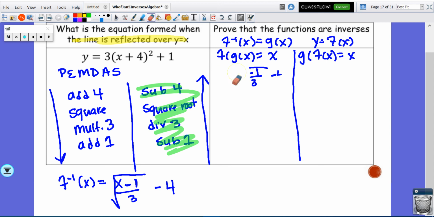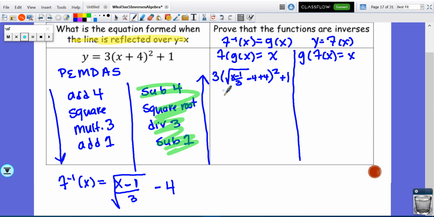Let me write a little bit smaller because I had a lot to put in. Okay, so I keep the 3, and I'm going to write parentheses, and I'm putting in the square root of x minus 1 over 3 minus 4 plus 4 squared plus 1.